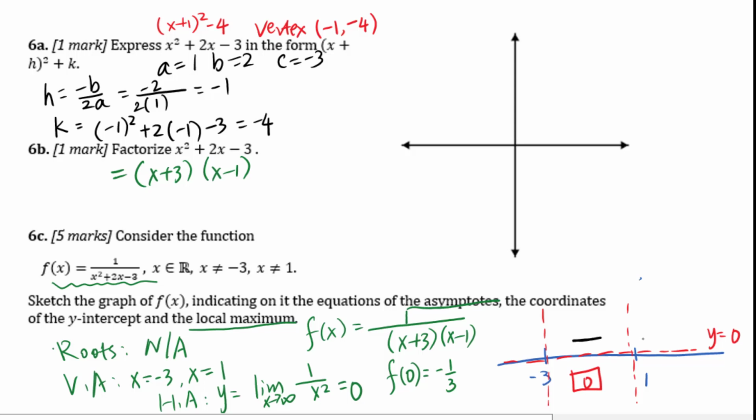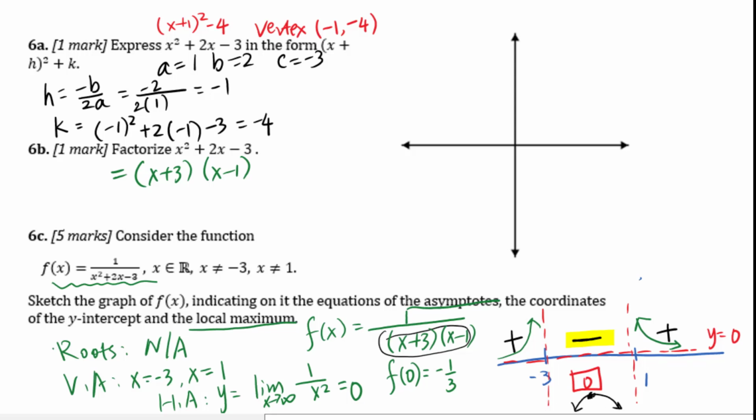Then check the factor. Since the factor we have is a single factor, we need to change the sign for the neighbor interval. So this is positive, this is positive. Then we can sketch the graph like this. Positive will be this. Positive. Since for this interval the sign is negative, we can sketch the graph like this.